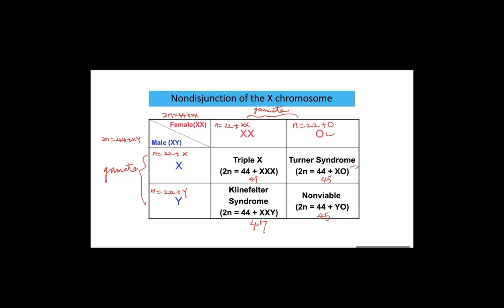Except in this case, if the zygote has 45 chromosomes, it is really fatal. But 47 chromosomes is more than 46, so you might think more might be better. That's not true. They have one more chromosome, but that gives some kind of disorder. We will study that.